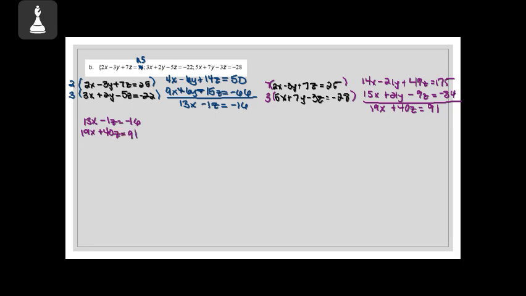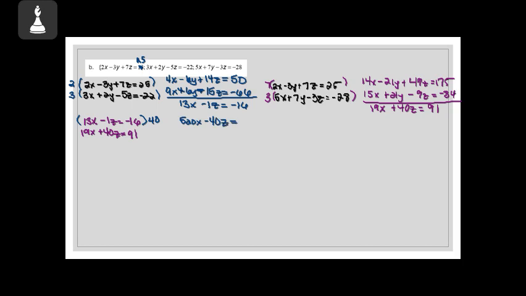So if I multiply this top one by 40, I should be able to get the z's to cancel out. So 40 times 13, that's 520x minus 40z. Negative 16 times 40 is negative 640. 29x plus 40z equals 91.